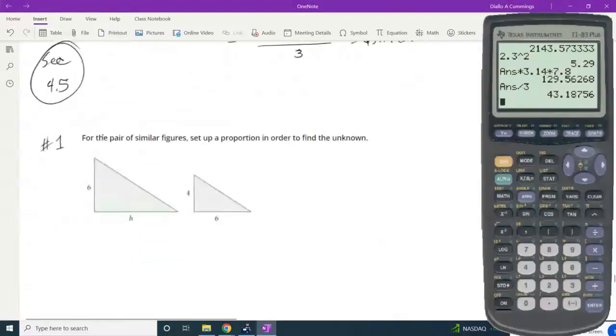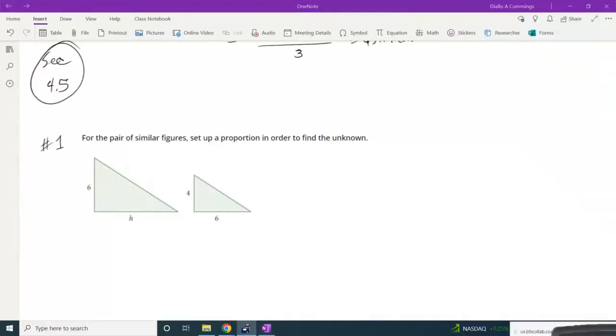All right, now in section 4.5, we are dealing with what are called similar triangles. And we're asked to set up a proportion in order to find an unknown side. Okay, so this requires a little bit of algebra.